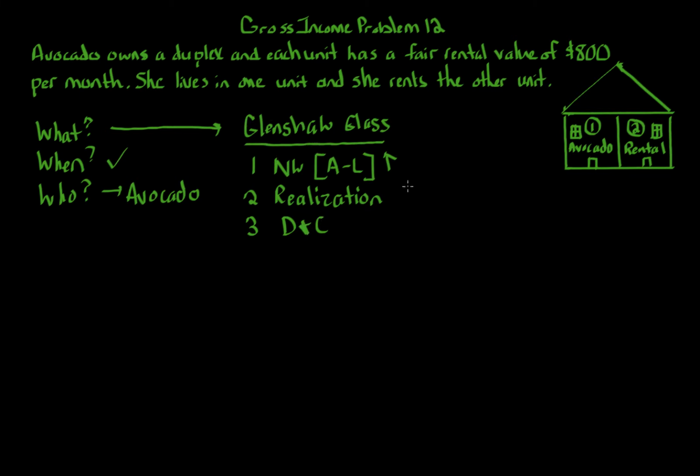So I really see 2 issues here that Avocado has. And I want to easily get rid of the first issue. The first issue is Avocado's own unit. And in the previous problem, we saw a discussion of presumptive income.